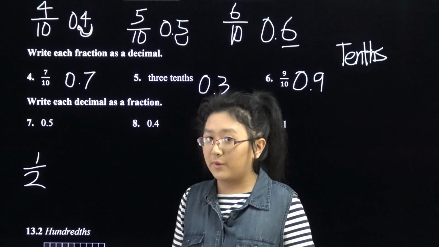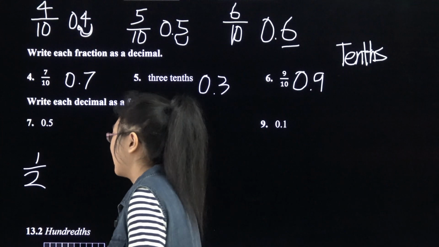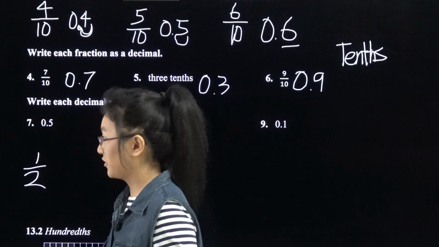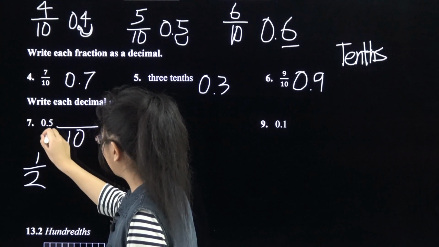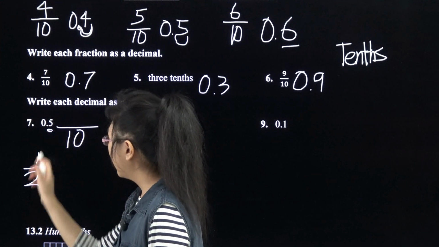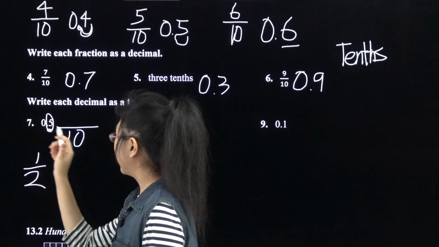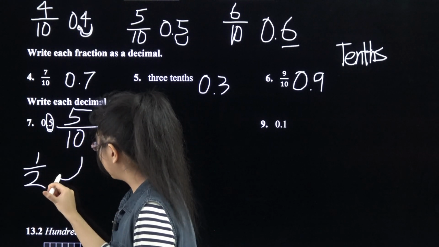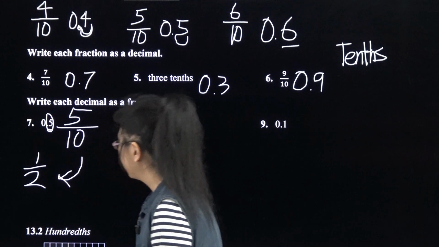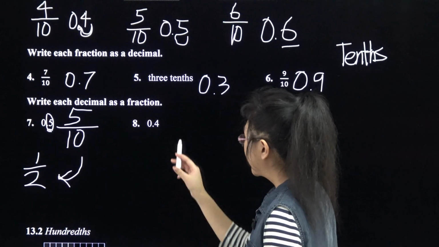So naturally, we are supposed to write it with 10 as a denominator. You could simplify it after, though. So 10 is the denominator since there's only one decimal place. And this one decimal place is a 5. So 5 is the numerator. This simplifies into a half on a side note.